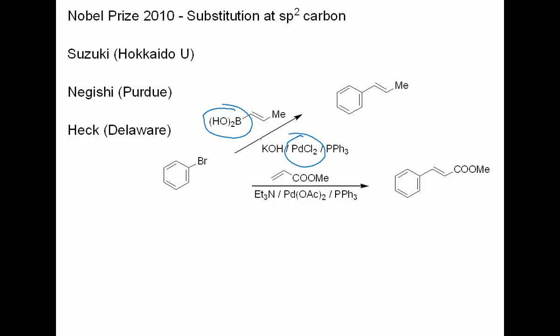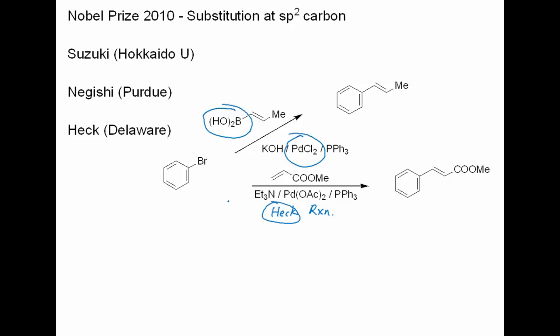Okay, an alternative coupling is this reaction here, known as the Heck reaction. It's one of two reactions we talk about in organic chemistry that have sort of a mild cuss word as part of their term, but it's actually named after Professor Heck at Delaware. And we'll see a reaction later that has hell in its name, the Hell-Volhard-Zelinsky reaction.